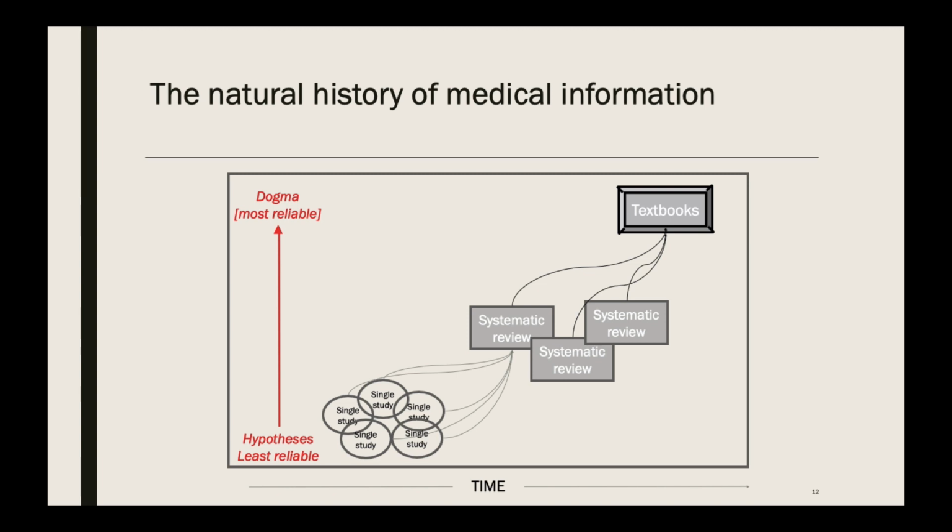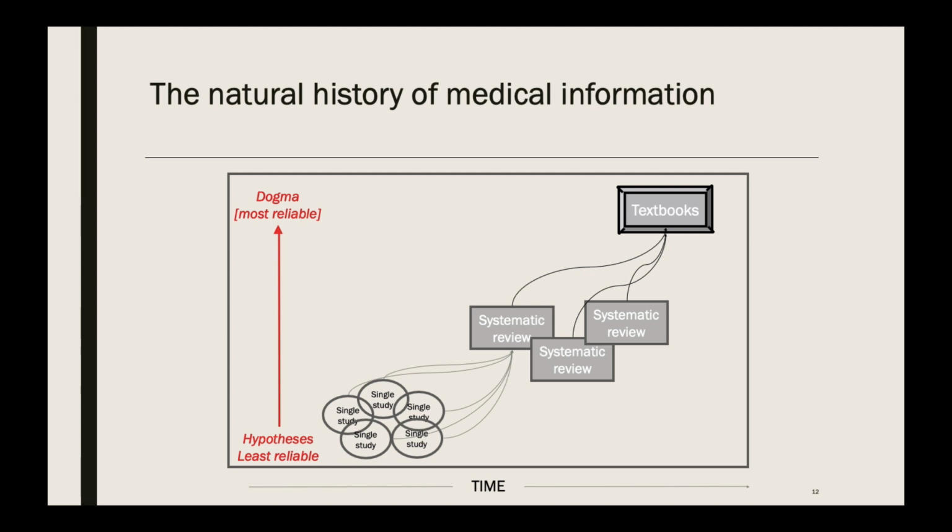If there is enough support and the systematic reviews conclude that the hypothesis has been proved, the drug works, the lab test does identify people with the disease, then the results and the conclusions are incorporated in a textbook.